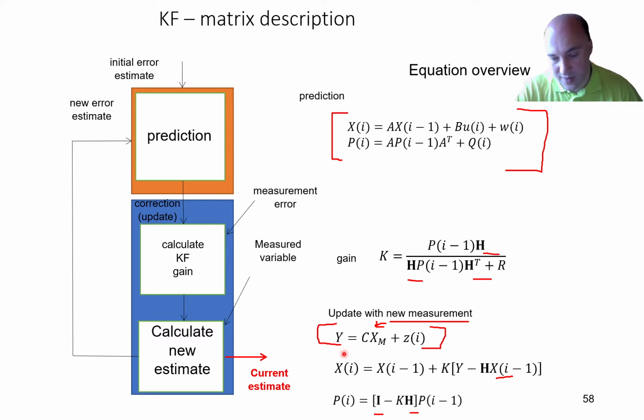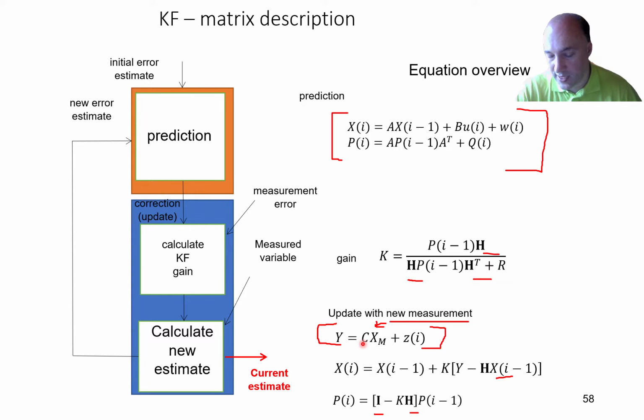And now the equation for the update will contain a new matrix that I will call C, and the vector xm is the vector of measurements. So now we do not put the measurement directly in this equation, but we just recalculate that into the correct format by using the matrix C, which we will again see in a minute.